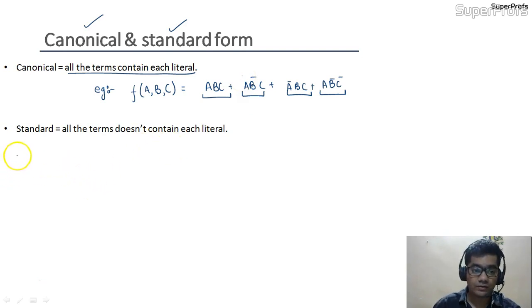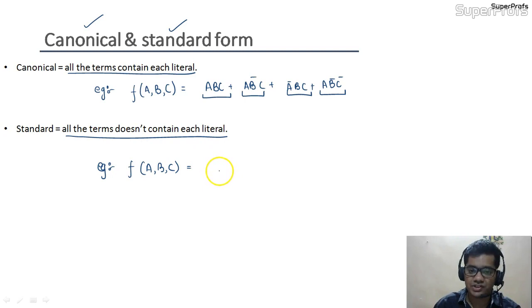But for the standard form, it means that not all the terms contain each literal. If we take the example function of a comma b comma c, these are the three literals, and it would be somewhat like this: a plus b c plus a bar b bar c.